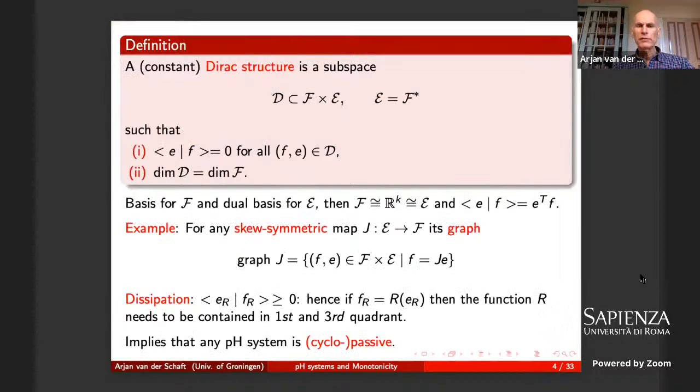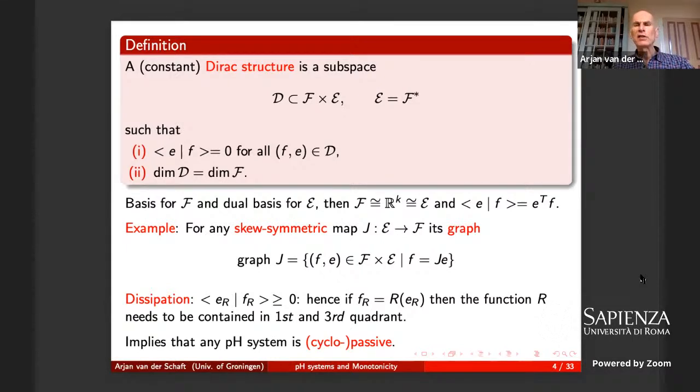Okay, so the formal definition of a constant Dirac structure. There is also a more general one on manifolds, but I will only talk about constant Dirac structures, so a pure linear algebraic definition.